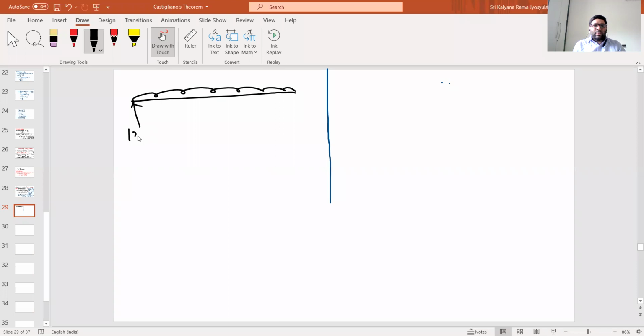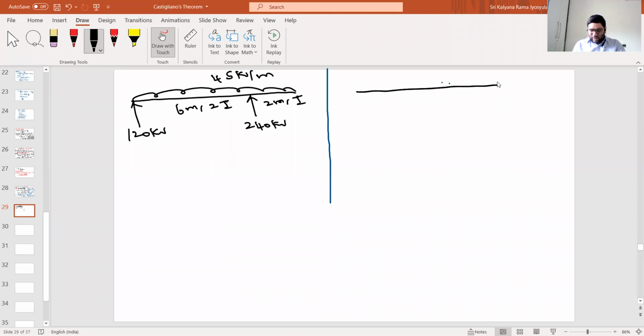So you can see that RA 120 kilonewton, RB 240 kilonewton. This is 45 kilonewton per meter, 6 meters 2I, 2 meters I. And let us take the beam with unit load.